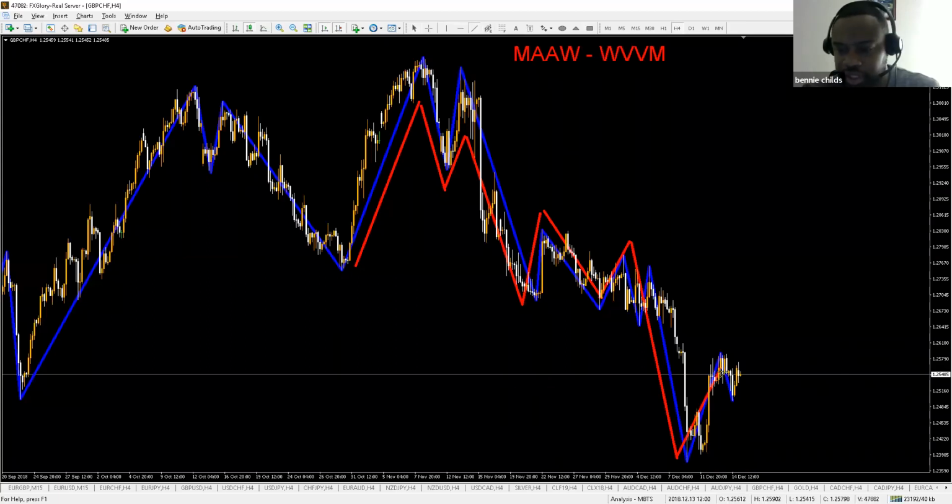We see that the second side of the valley is being formed, and it may come all the way down here. It may stop up here, but eventually the second leg of the W is going to take place.